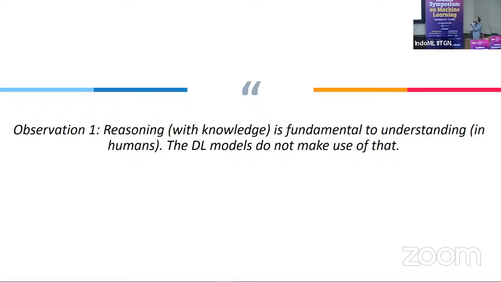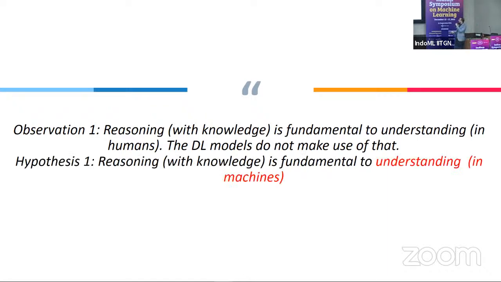Generally, we see that deep learning models have not been able to utilize the full capability of reasoning and background knowledge yet. So my hypothesis is that reasoning and knowledge are going to be fundamental to understanding in machines as well. Let's look at what we mean by reasoning.